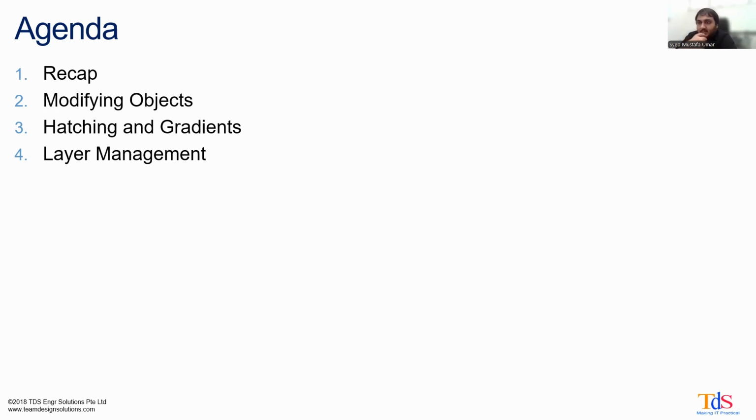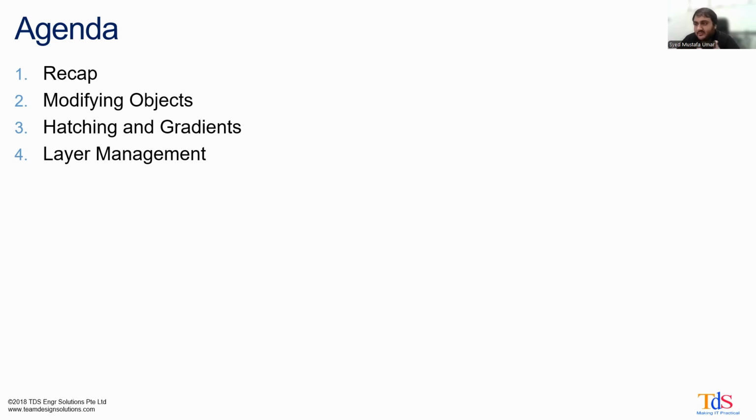So, understanding what the ribbon is, what a status bar is, what the quick access toolbar is, all of these things, and then kind of playing around with where the settings are, where drawing settings are, where drawing options are, and getting comfortable with what 4MCAD looks like.